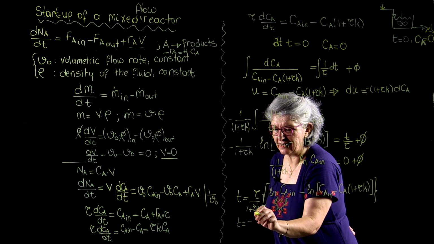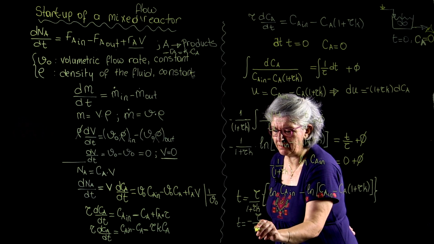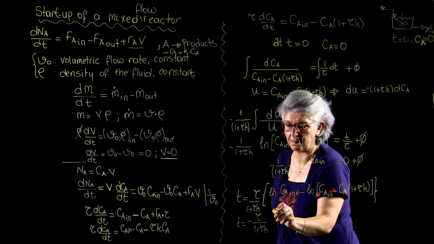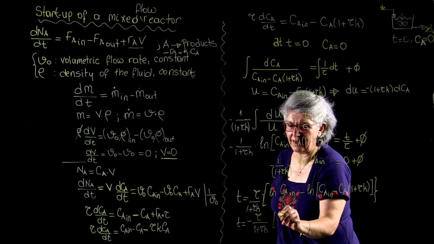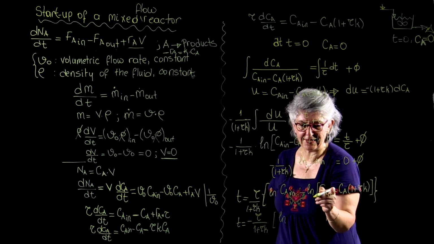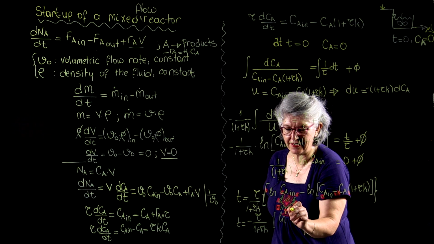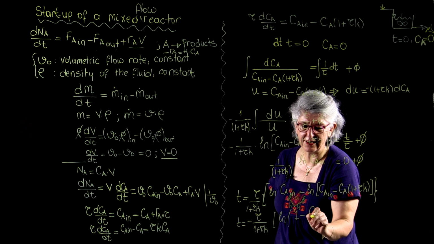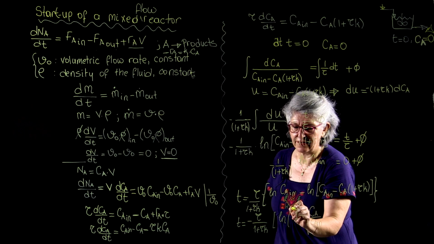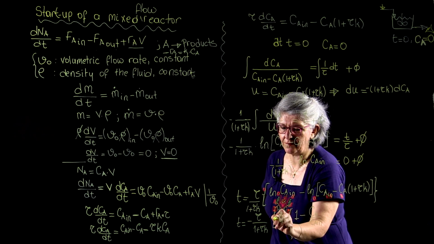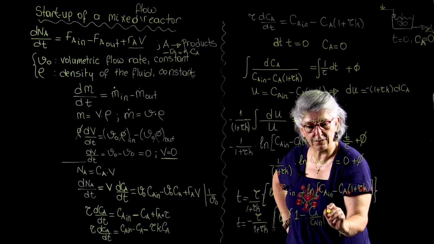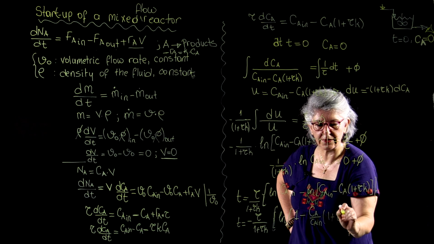Minus tau divided by 1 plus tau k times ln of Ca,in divided by Ca,in, 1 minus Ca divided by Ca,in, times 1 plus tau k.